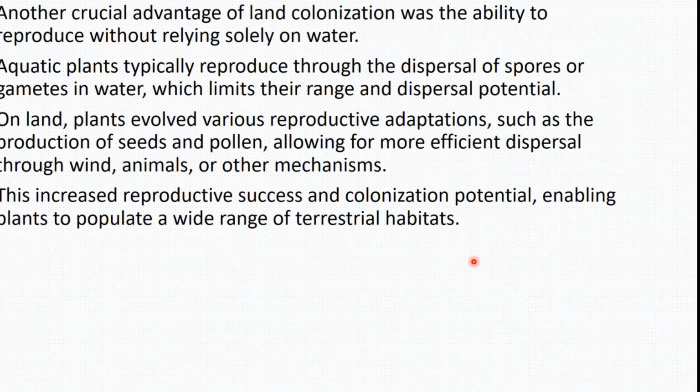On land, plants evolved various reproductive adaptations, such as the production of seeds and pollen, allowing for more efficient dispersal through wind, animals, and other mechanisms. When we talk about seed dispersal, it does not necessarily only occur through animals or birds when they feed on some plant species, fly over to a different location and poop there, and then there are nutrients there.